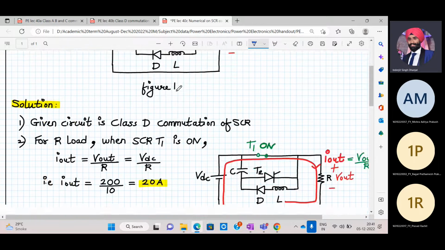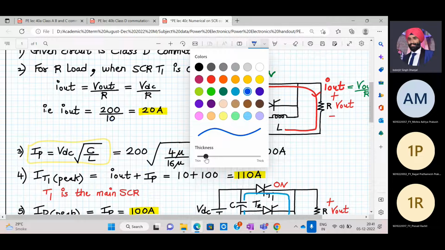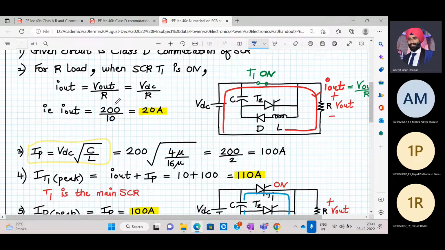R is how much? 20 ohms. Oh, sorry. Here R should be 20 ohms. Here there is a mistake. Let me correct it over here. This should be 20 because R is around 20.